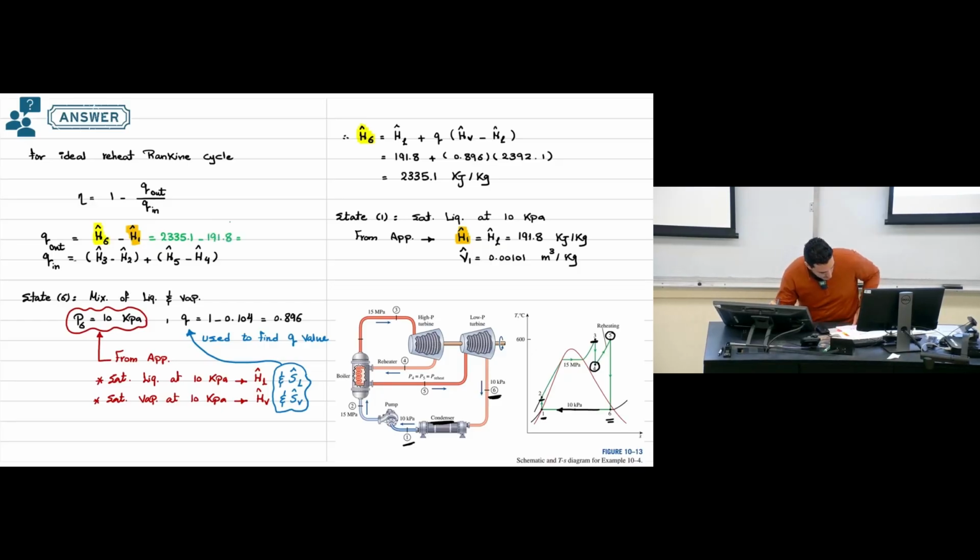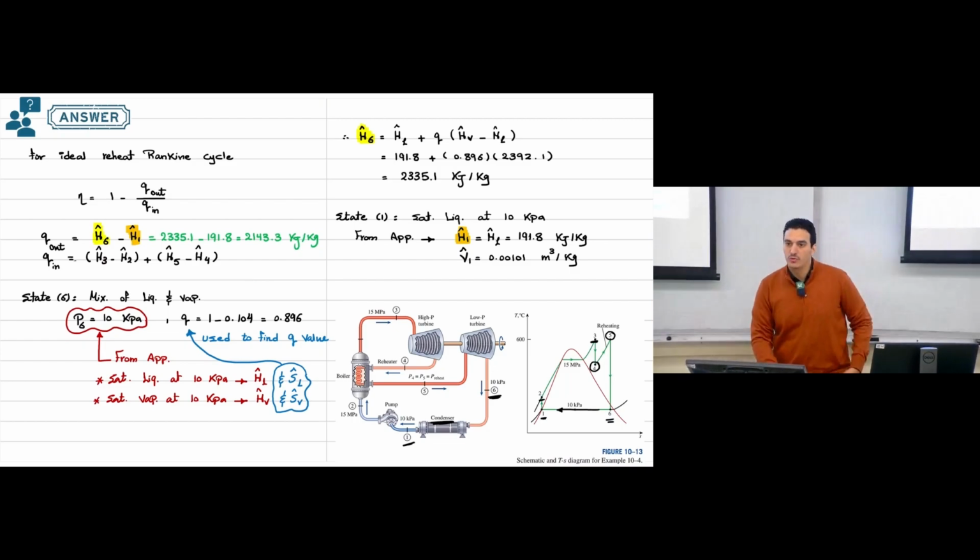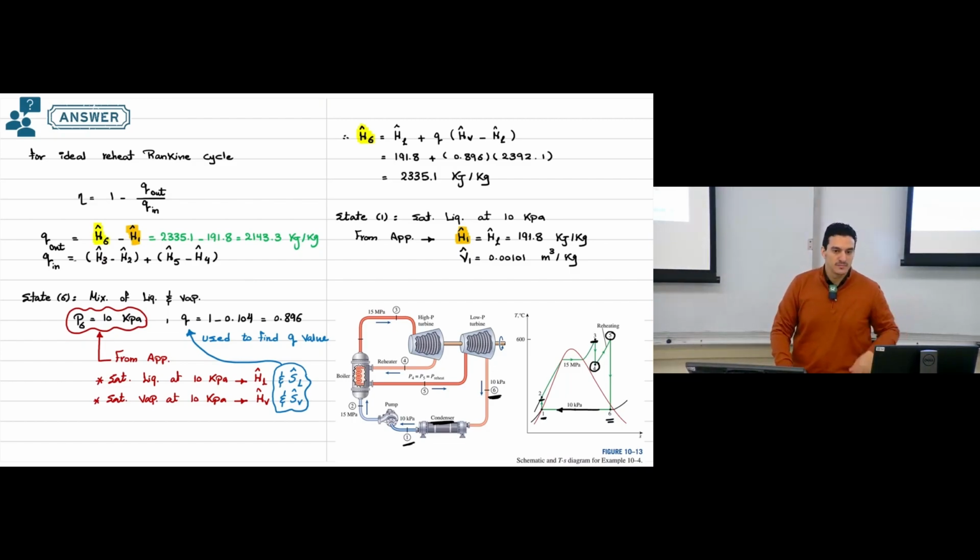So this equals 2143.3 kilojoule per kilogram. So now we know one value of this. At least we know Q out. If you can find Q in, then you can calculate thermal efficiency. And this is everything we need.